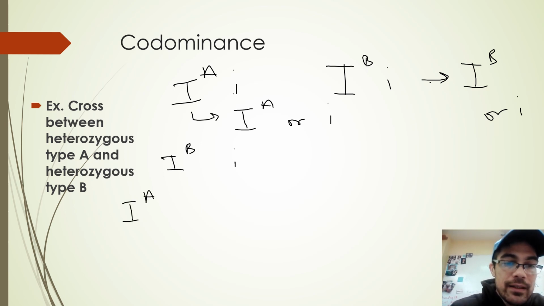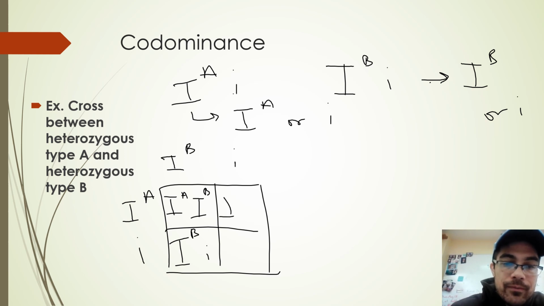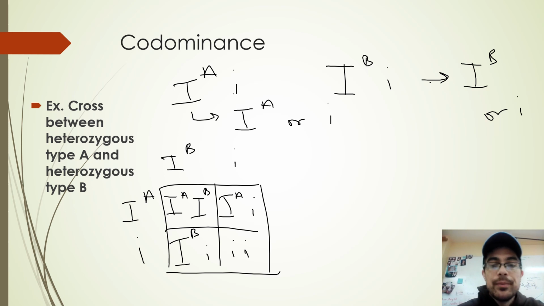So we could have this as our Punnett square. Okay, so this one would result in an AB blood type. This would be a B blood type. This would be an A blood type. And this would be an O. So we can actually get all 4 different possibilities here.